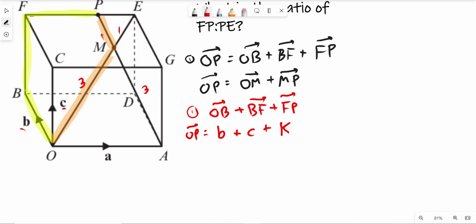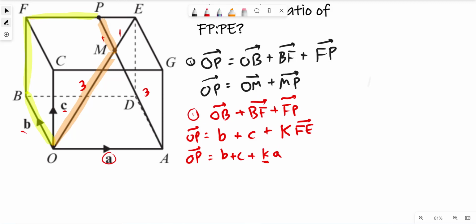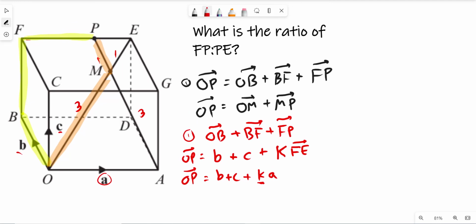That will help us find the ratio of FP to PE. Some amount of FE. And actually, FE is just this vector A. So OP is actually B plus C plus some amount of A. And finding that K will help us answer the question, what's the ratio of FP to PE? Because this bit is K lots of FE.